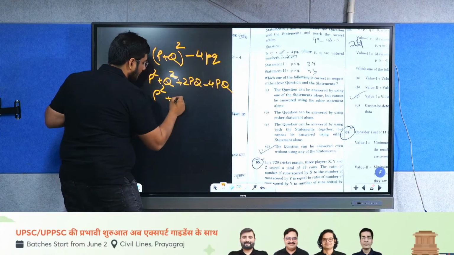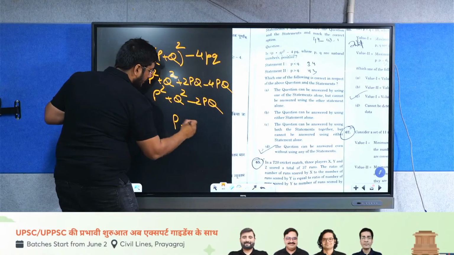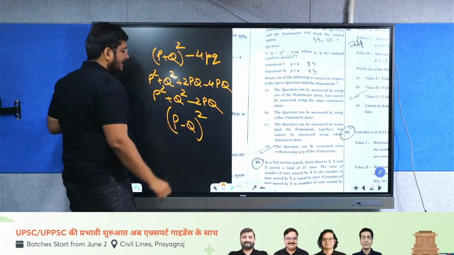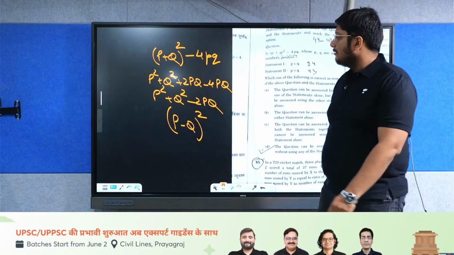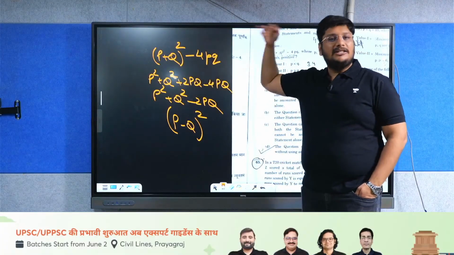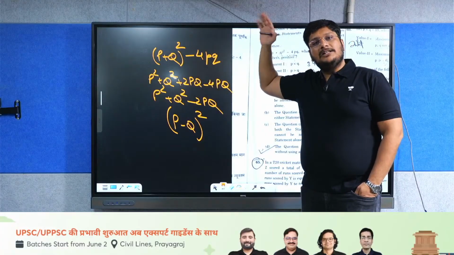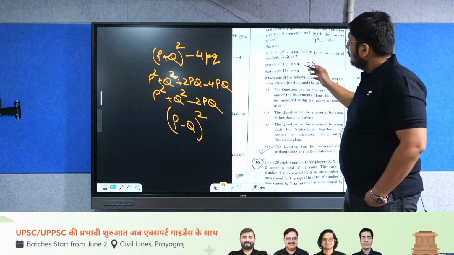P square plus Q square minus 2PQ. That is (P minus Q) whole square. Square of anything is positive. This is something which we know. Square of anything, be it negative, be it positive, is always positive. Minus minus becomes plus. So this will always be positive.